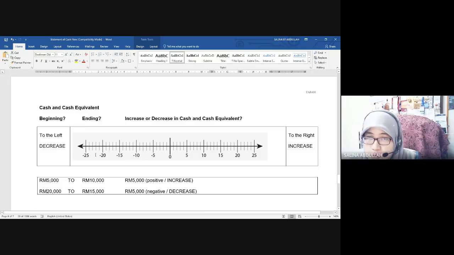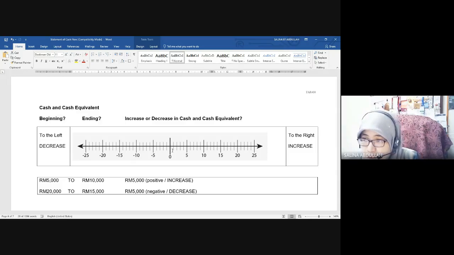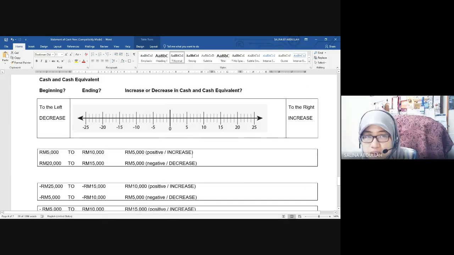If you compare the amount of beginning and ending, you have to identify whether the amount is going to the right or going to the left. If it is going to the right, showing that there is an increase in cash and cash equivalent. However, if the amount, when you look at the beginning amount, goes to the left, it shows a decrease in cash and cash equivalent.